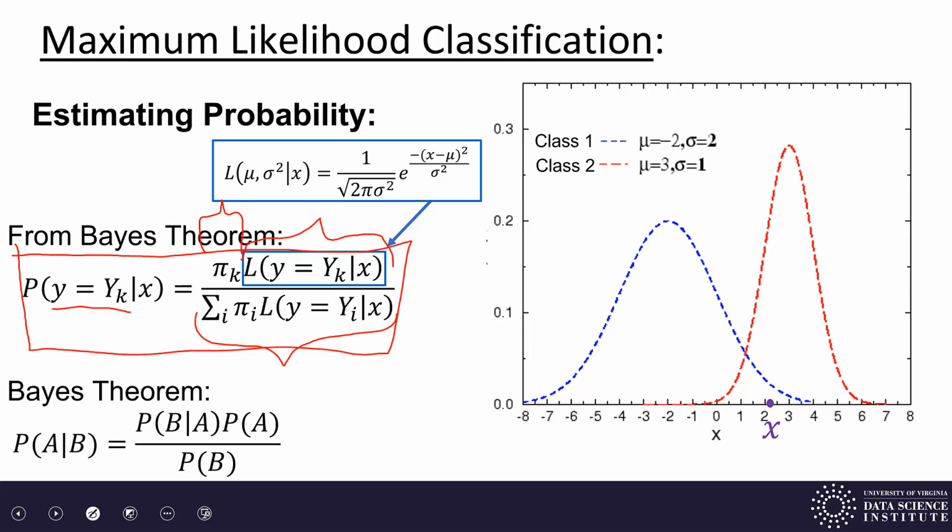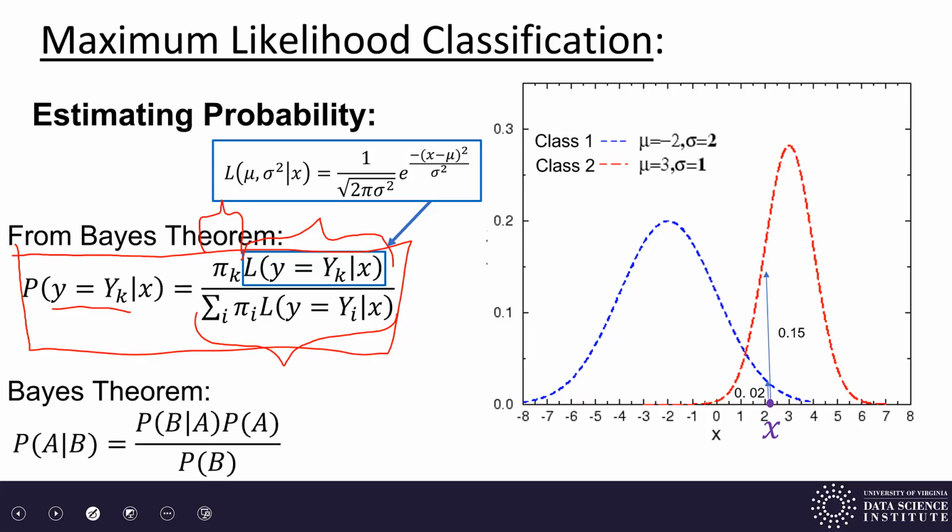So x is about 2.1. We want to compute the probability that class 2 is the class that's given us this x, under the assumption that it has to be from either class 1 or class 2, there's no other possibility, and that the prior probabilities for both classes are the same. So there's no reason, before looking at the distributions, to expect that one class is more probable than the other, or in other words, our prior probabilities are equal.